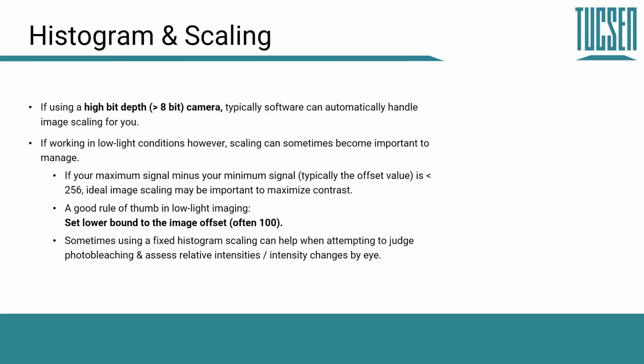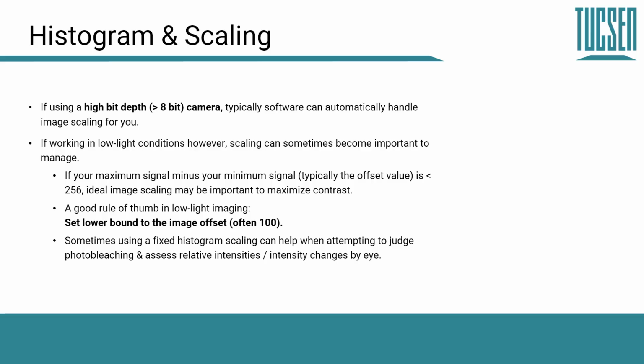Sometimes if we're using a fixed histogram scaling, that can help if we're attempting to judge the change in signal from image to image or from different parts of a sample as we move around or over time. It will help us assess relative intensities or intensity changes by eye, because if we have automatic image scaling and the entire image, for example, changes in its intensity, maybe through photobleaching, through the reduction in fluorescent signal, we might not notice that because the image scaling will simply adapt to the new brightness settings and our monitor will display it with just the same brightness.